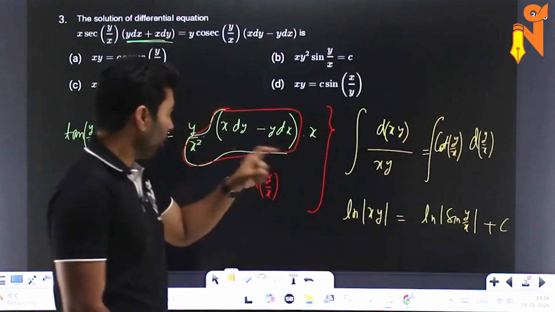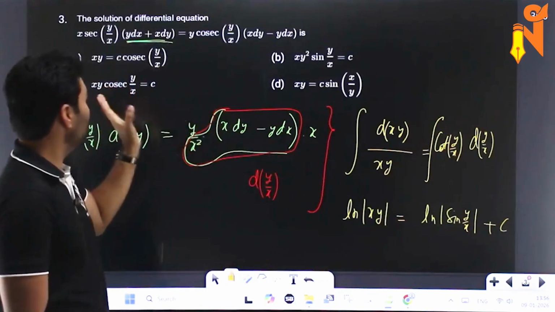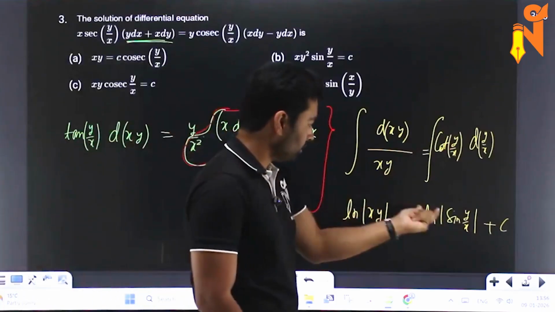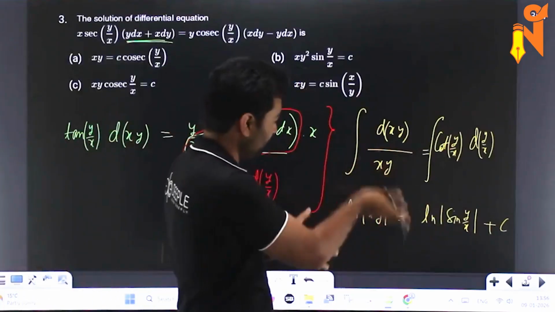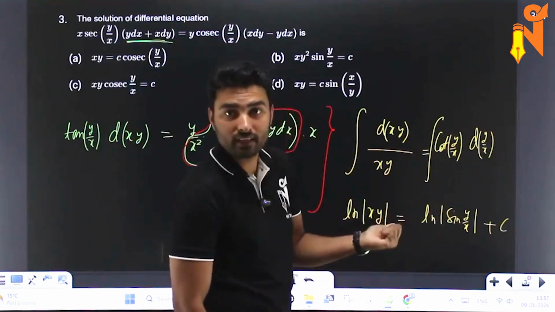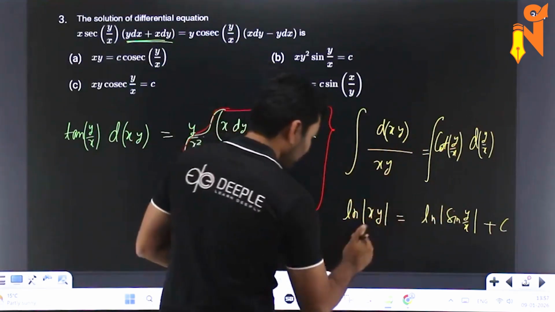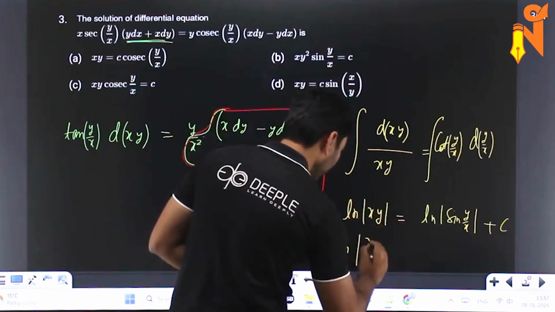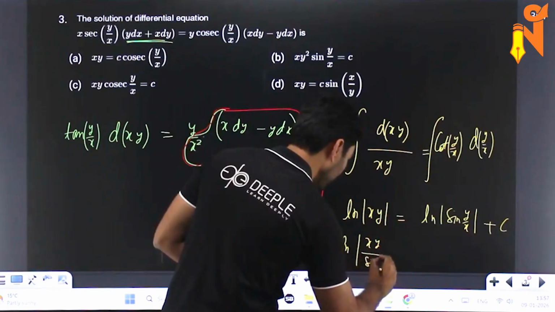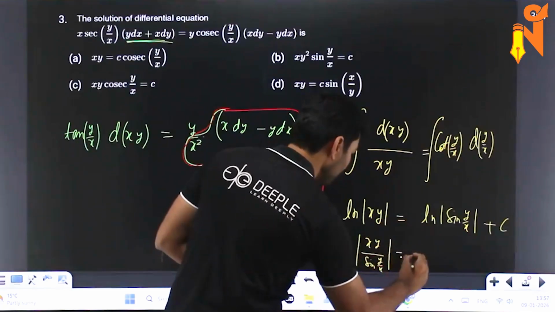Now, but the options are different. There is no ln here, so obviously I have to change the log into this kind of format. What I can do here, same base, this will come here. So ln of mod of xy, log a minus log b, down, sine of y by x, equal to c.